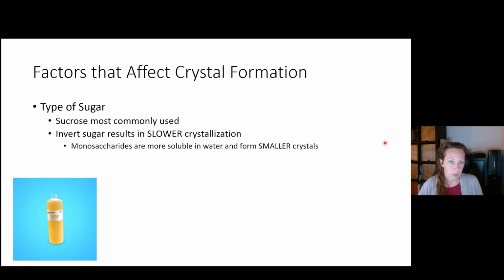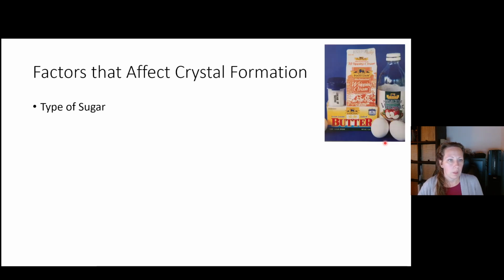Okay. And invert sugar can be produced by adding acid to sucrose and then neutralizing the solution.